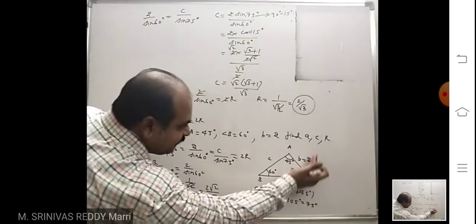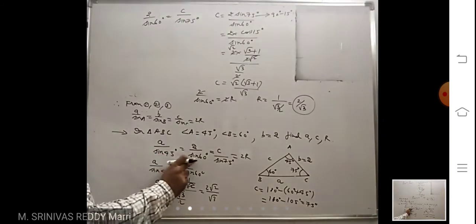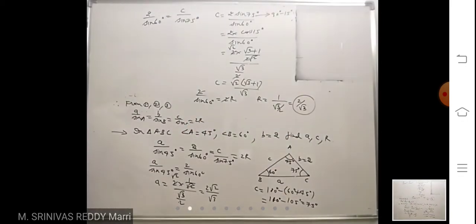Like that, if some elements are known, and other elements you have to calculate, you equate these ratios. Then you will get the other elements. Like that, this is how to apply the simple application of sine rule.